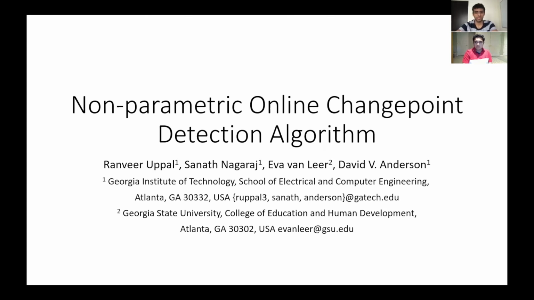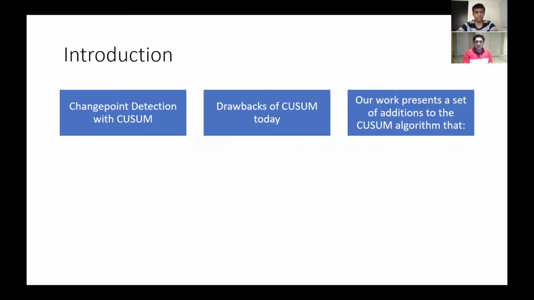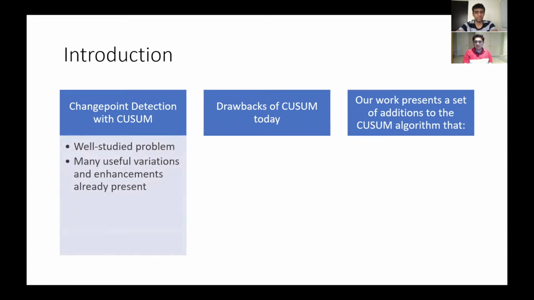We will be discussing our paper on a non-parametric online changepoint detection algorithm. Changepoint detection using the cumulative sum algorithm, or CUSUM for short, is a well-studied problem, and some useful variations and enhancements to the basic CUSUM algorithm have been proposed.